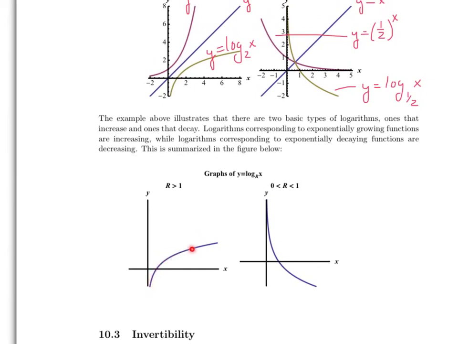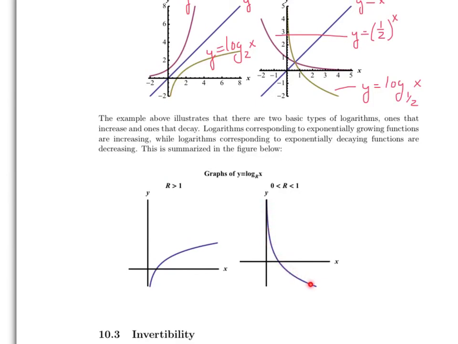So here's a graph of an increasing logarithm, just like the graph above. We arrive at a graph like this when we start with an exponentially growing function, and we have an exponentially growing function whenever the factor r is larger than 1, or alternatively said, if the base of your logarithm is larger than 1, then you're going to have an increasing logarithm.